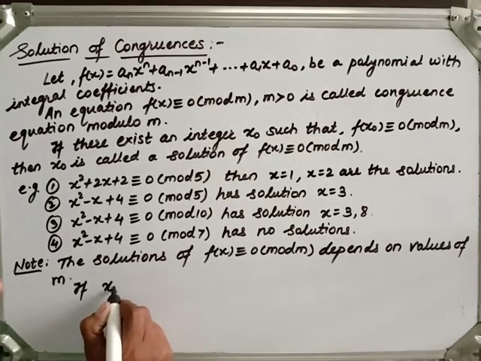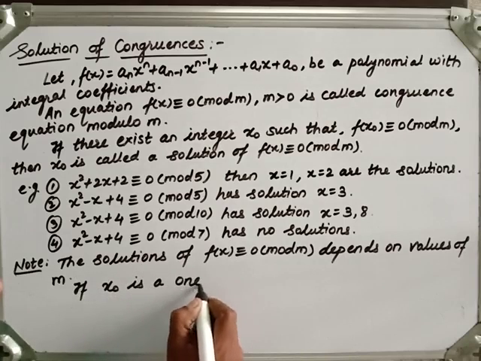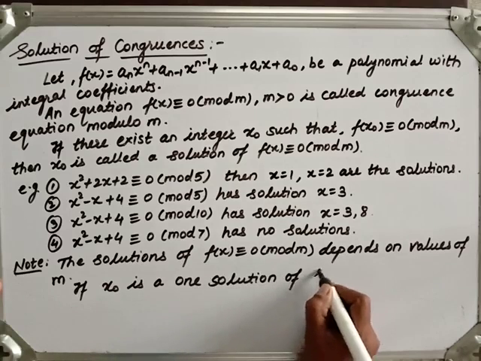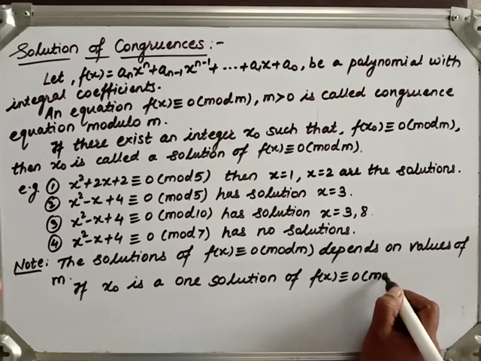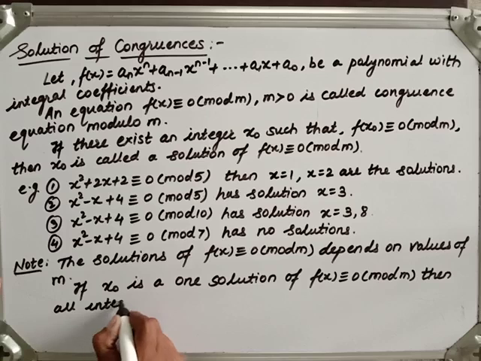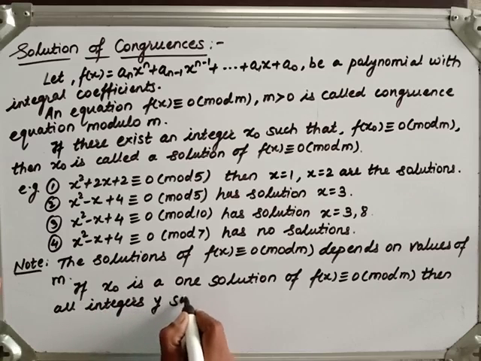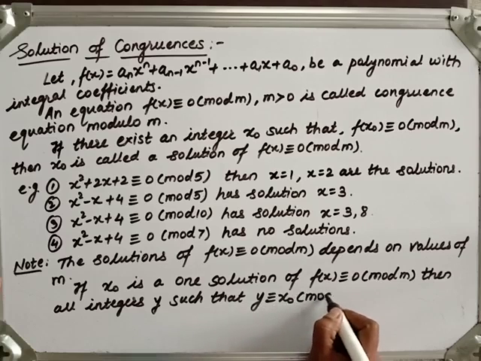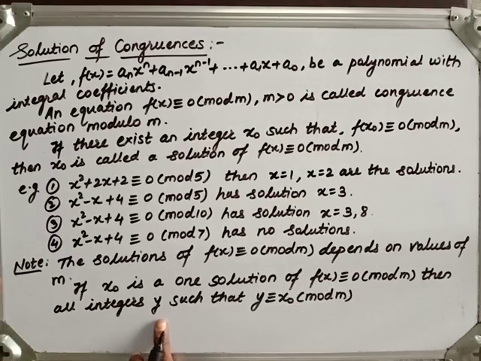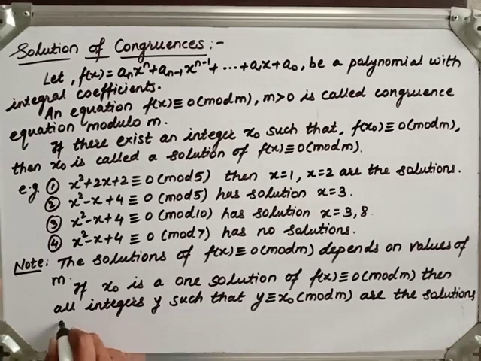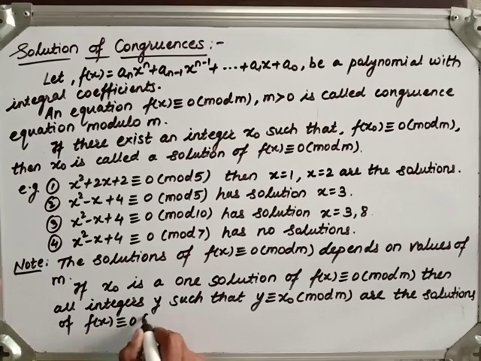If x naught is one solution of f of x congruent to 0 modulo m, then all integers y such that y is congruent to x naught modulo m are the solutions of this congruence equation f of x congruent to 0 modulo m.